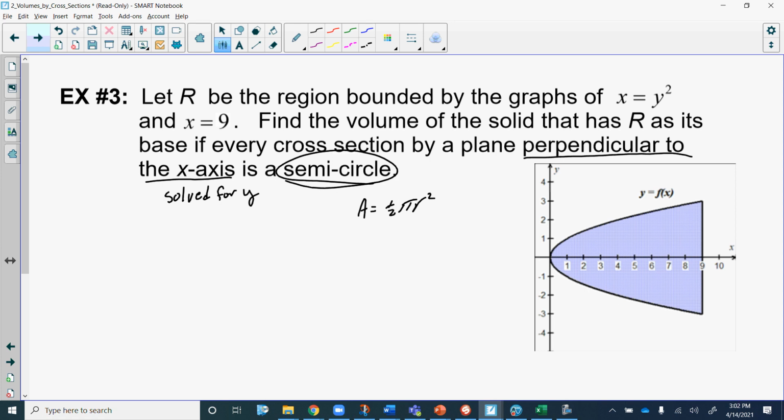And let's see what we're going to be looking at here. In this case, R is the region bounded by the graphs, and we find the volume such that R is the base. The semicircular shape we're looking at here, I'm going to say that y is going to be the radius of the semicircle.